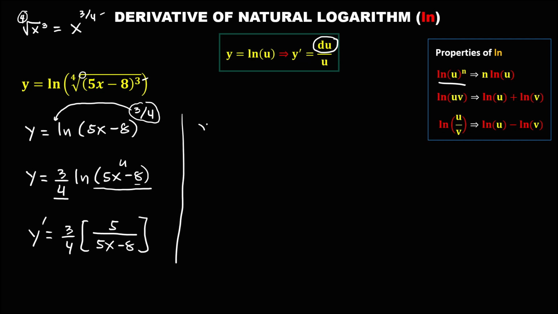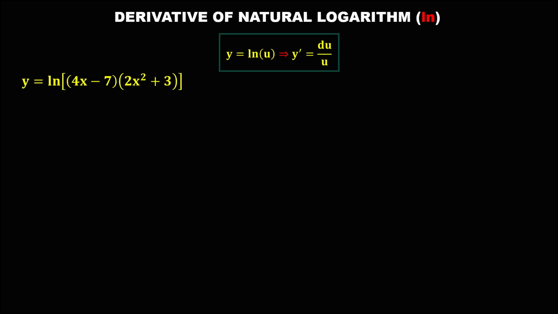Then to simplify, y prime equals, distribute this 3 to 5. So 3 times 5 is 15, then over, multiply this 4 times 5x, which is 20x. And 4 times negative 8 is negative 32.